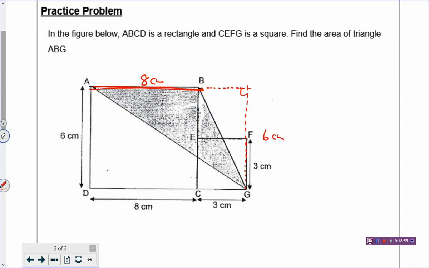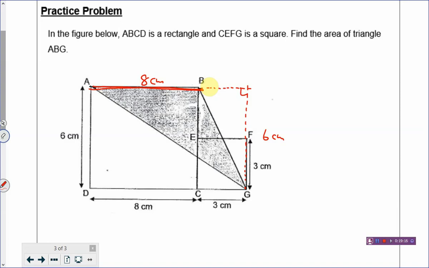And then you can find the area of the triangle, half times 8 times 6, only one step. Alright, so when do you apply methods? You apply methods when you have funny shapes, irregular shapes that you're asked to find. But if this is a nice, regular shape, then you just find the base and the height.